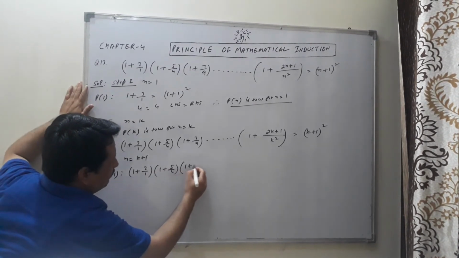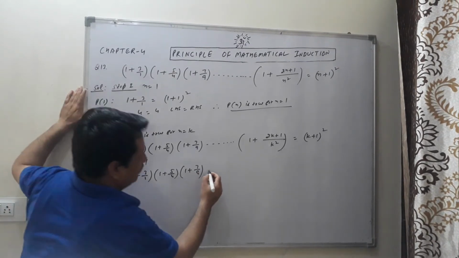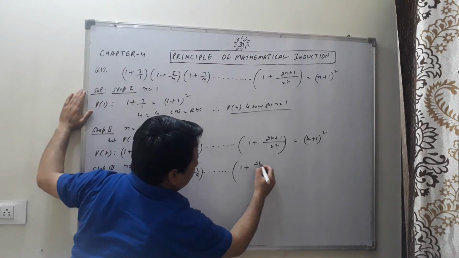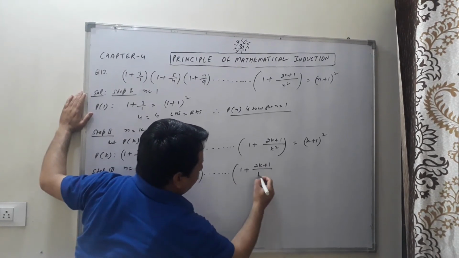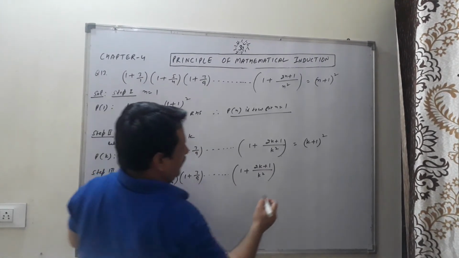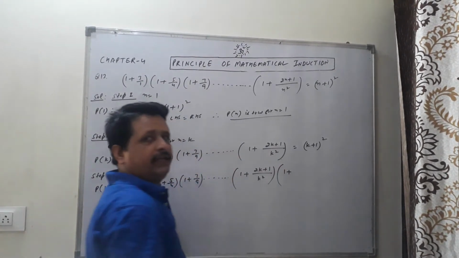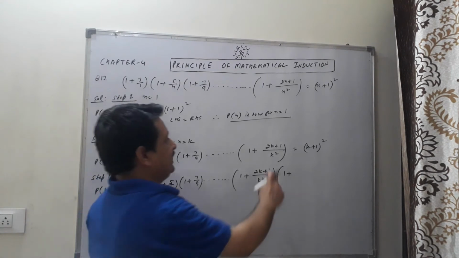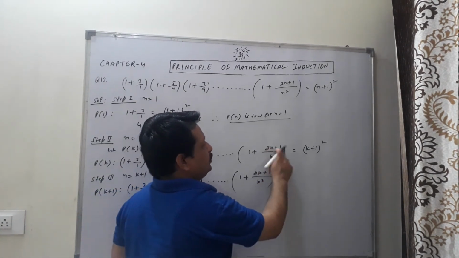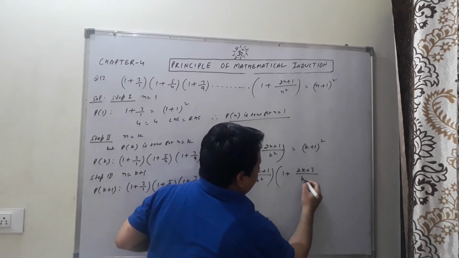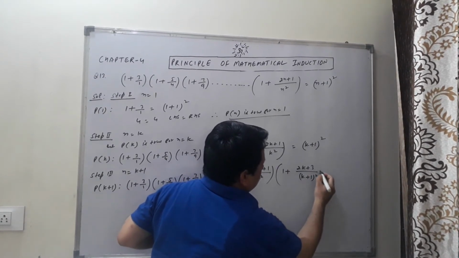So here it is 1 plus 7 by 9, plus so on, 1 plus 2k plus 1 upon k square, and now 1 plus, we will make this k as k plus 1, so it will come as 2k plus 2 plus 1, totally 2k plus 3 upon k plus 1 whole square.